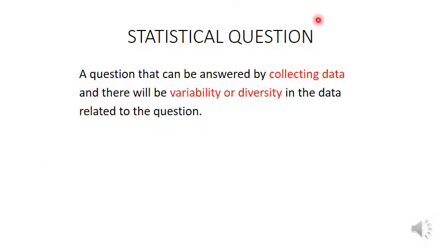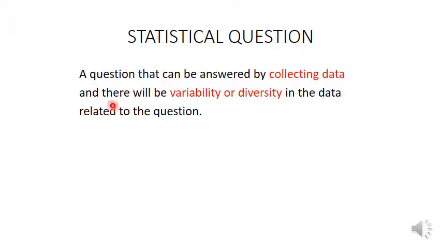Okay, after looking at the two examples, now can you really understand statistical questions? I hope so. So look at the actual meaning of a statistical question. A statistical question is a question that can be answered by collecting data, for example, by doing a survey or by doing an interview.